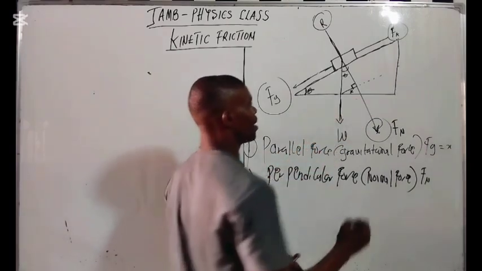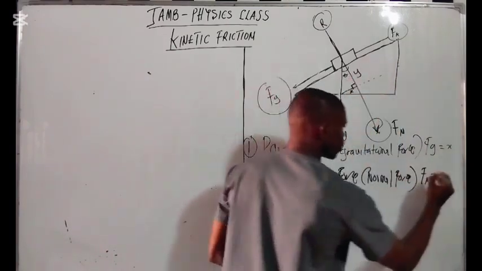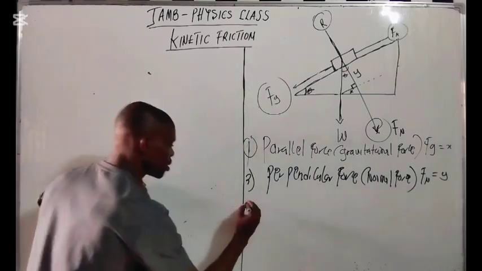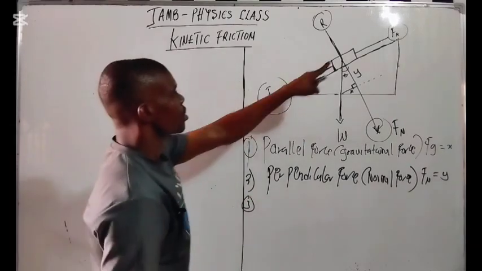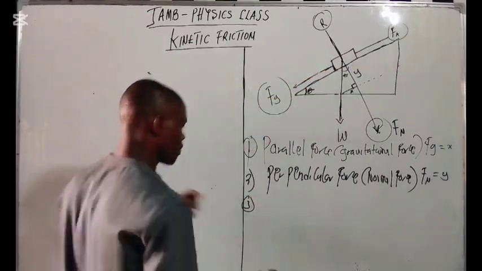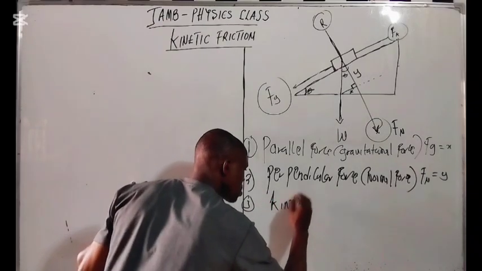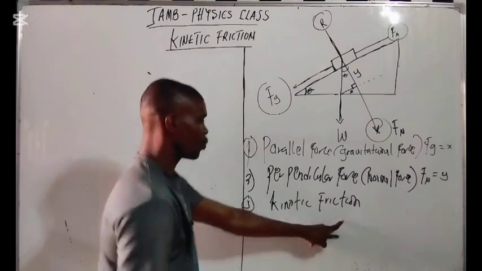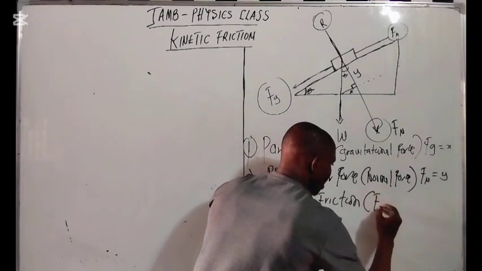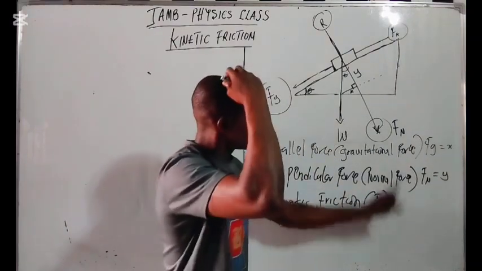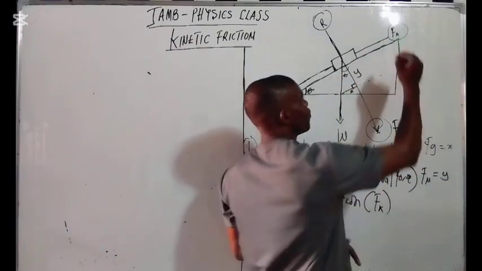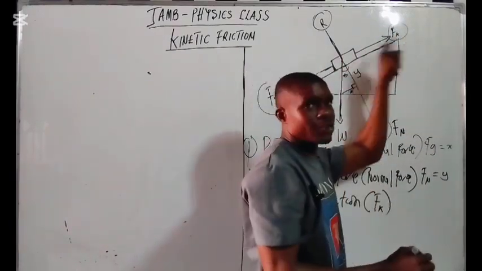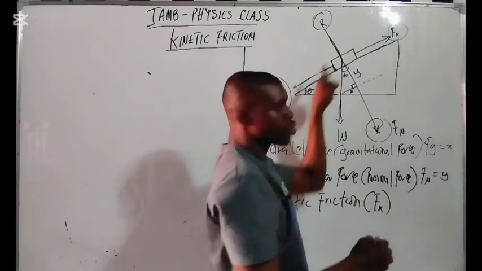So my normal force here, let's just say it is y. Can you see that? Now number 3 is kinetic friction, which is Fk. It is the opposing force, the force that opposes the motion of the object.